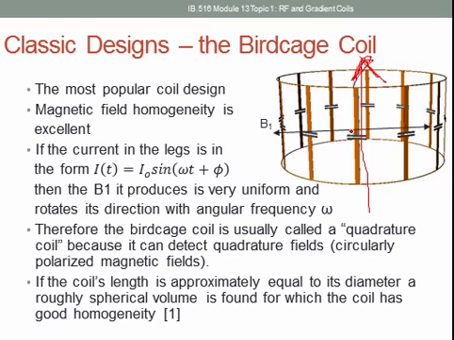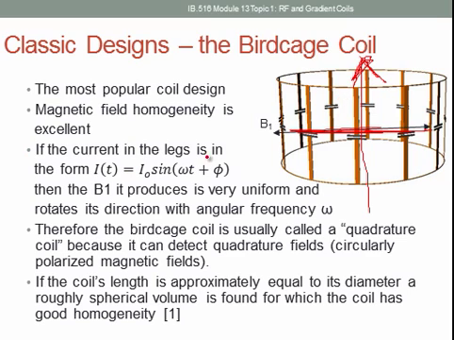And B1 would be perpendicular this way. You can see why it's called a birdcage, because you have these legs, and the top portions are called end rings. These symbols here are capacitors, and these rectangular blocks here are strips of copper.